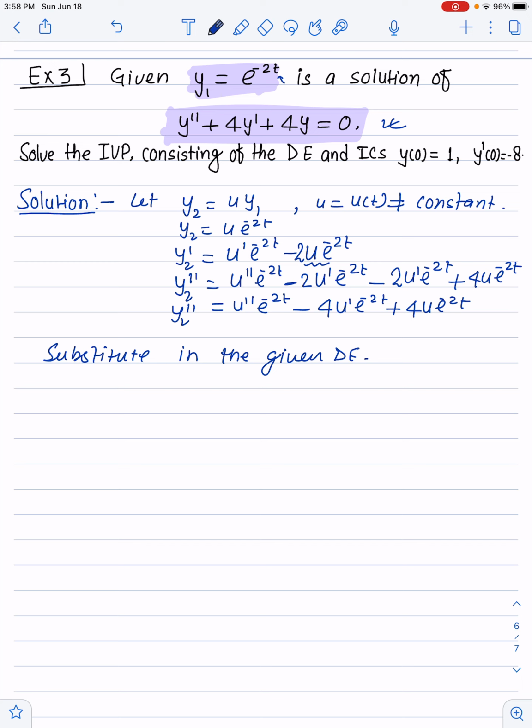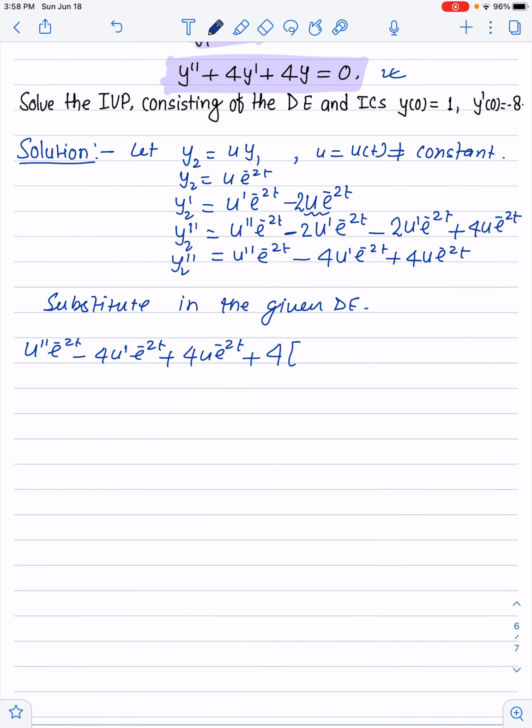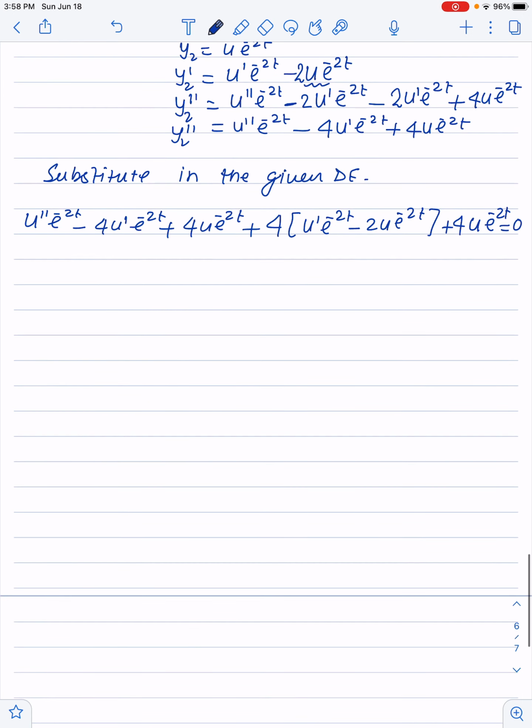So y2 double prime is u double prime e to the negative 2t minus 4 u prime e to the negative 2t plus 4 u e to the negative 2t, plus 4 times y2 prime. y2 prime is u prime e to the negative 2t minus 2 u e to the negative 2t, plus 4 y2, so it will be u times e to the negative 2t, equals 0. Let's simplify it.